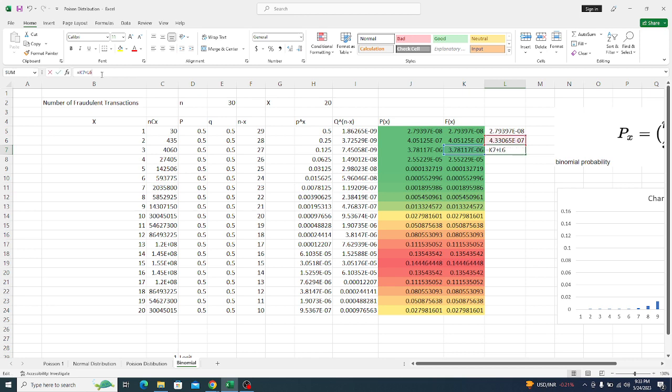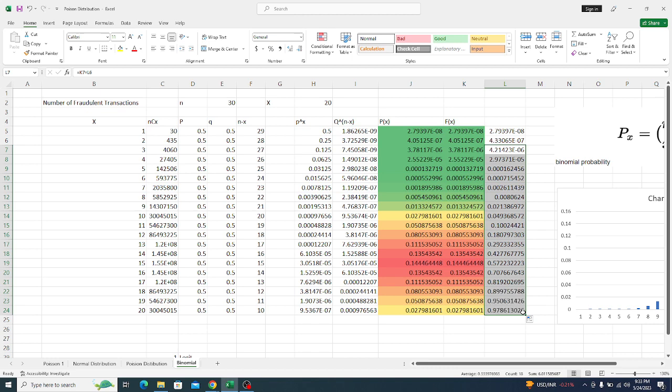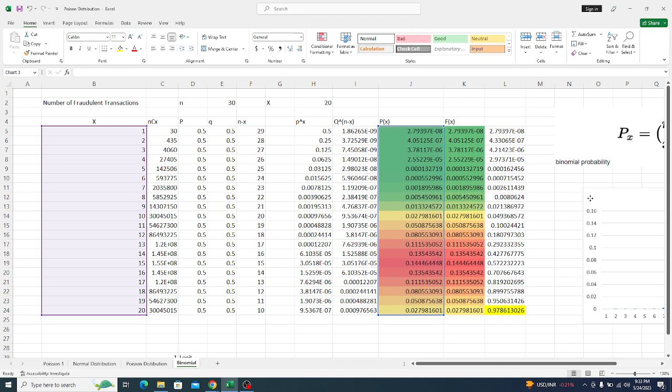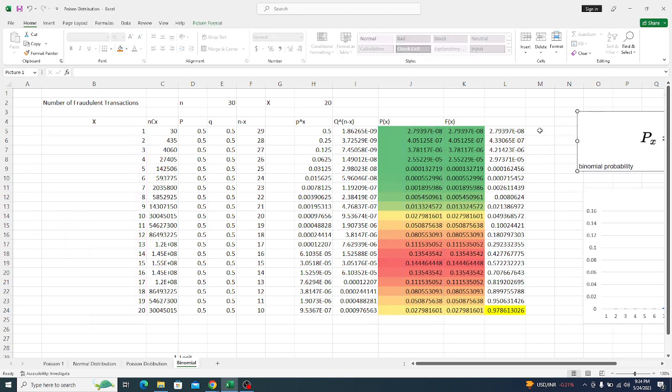You can see now here, it is taking that plus that. So at the end, you'll find that as we had these probabilities, they are increasing and approaching 1. So basically that's the cumulative function.